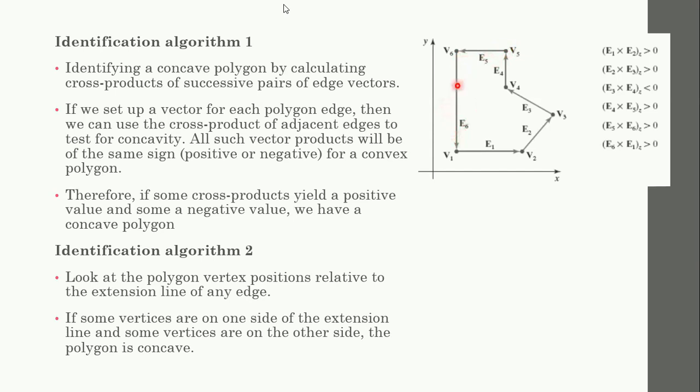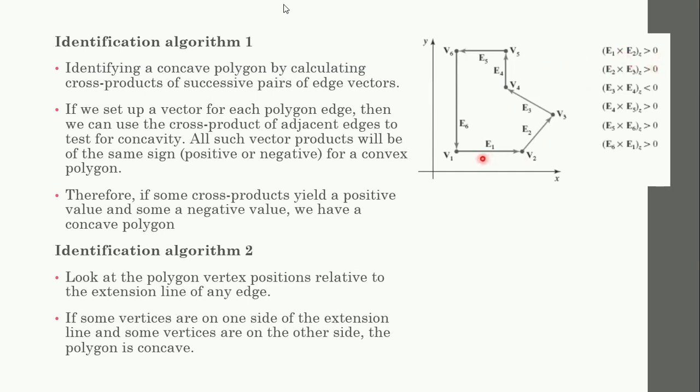Like this we represent the edges. So we write this representation in edge vector form, represent all the edges using vector form, and then you get a cross product.